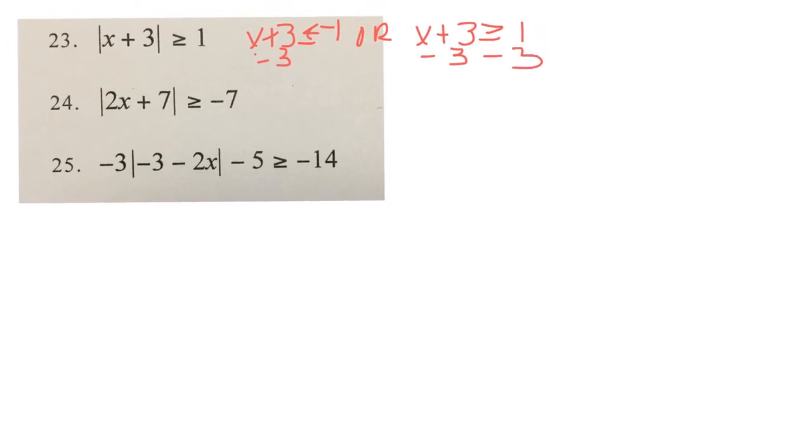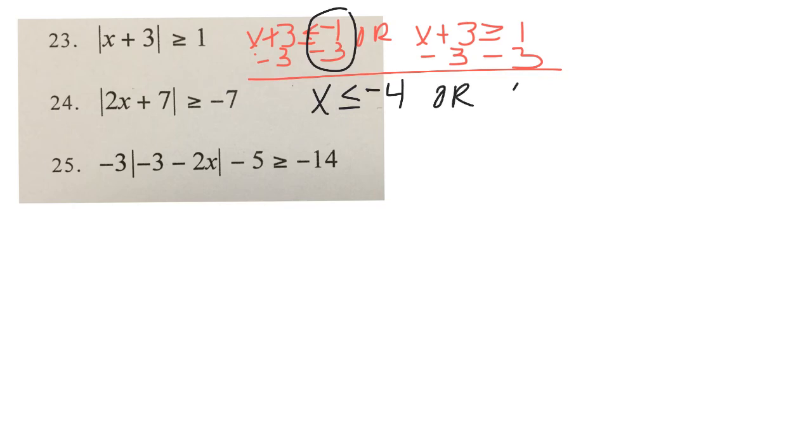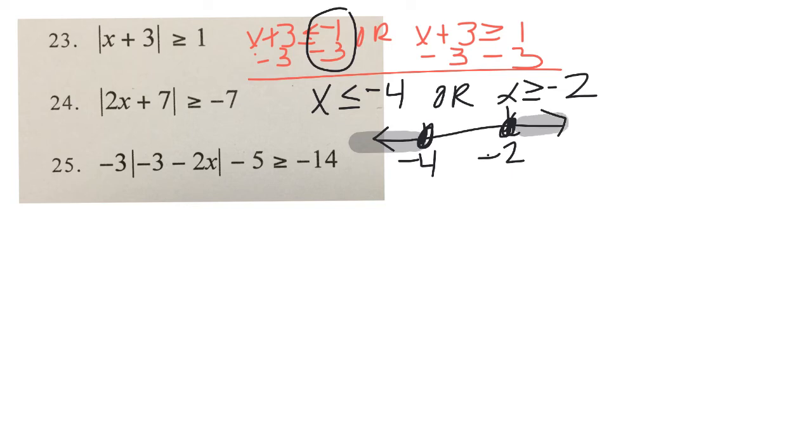I sometimes just do it to all of the equations because it's the same on the inequalities. And I get x is less than or equal to negative 1 minus 3, which is negative 4, or x is greater than or equal to negative 2. I can draw that on the number line, closed circles, less than negative 4, closed circle, greater than negative 2.